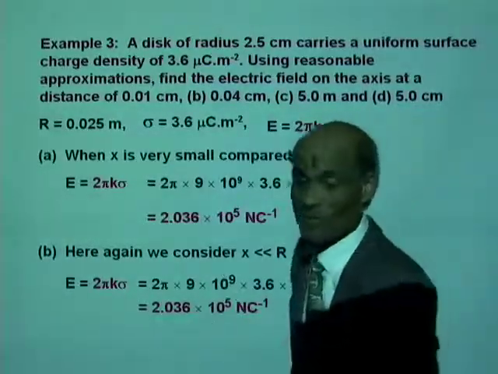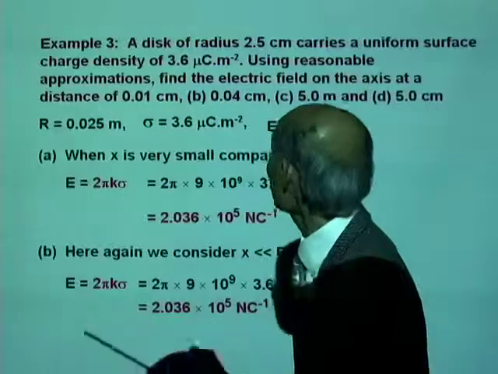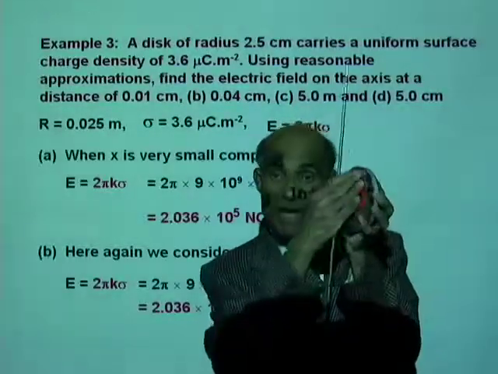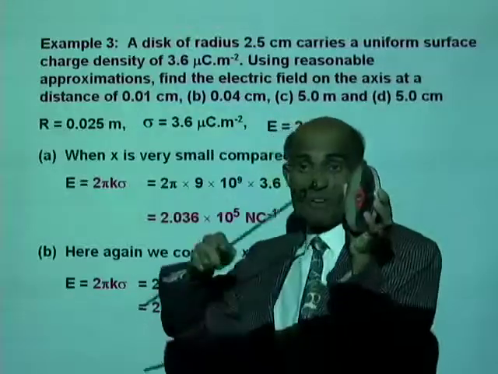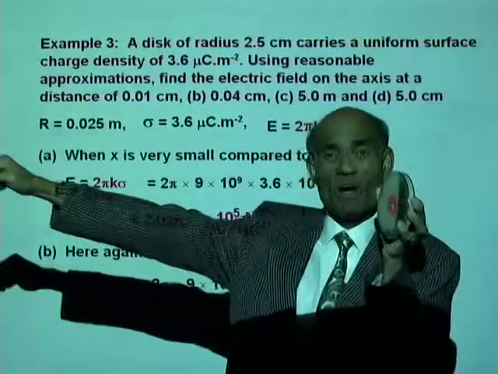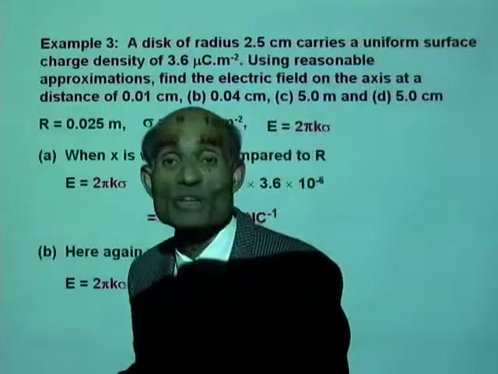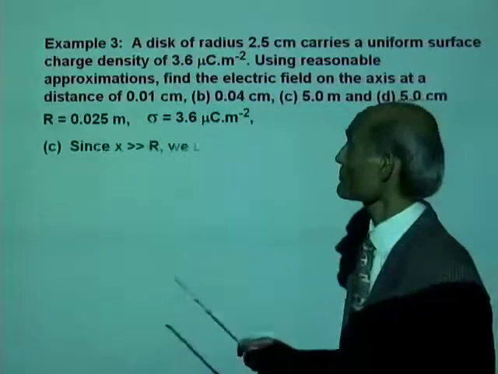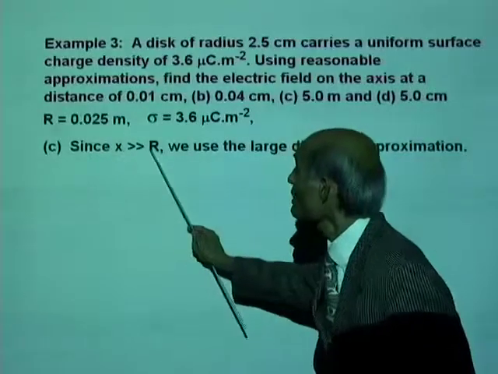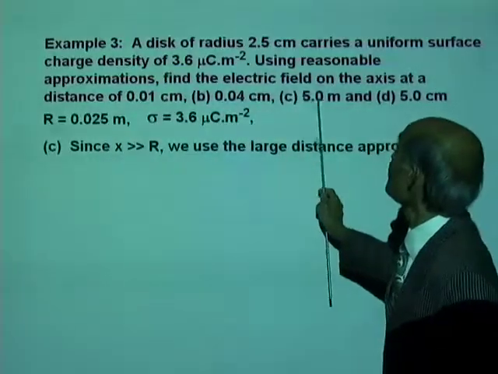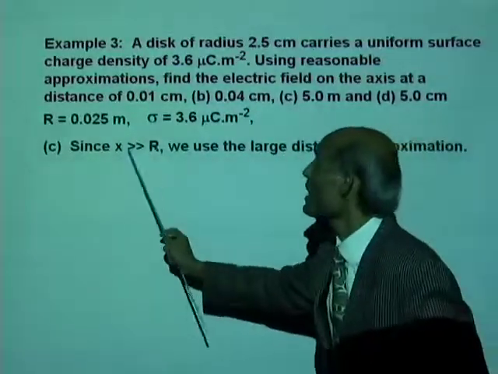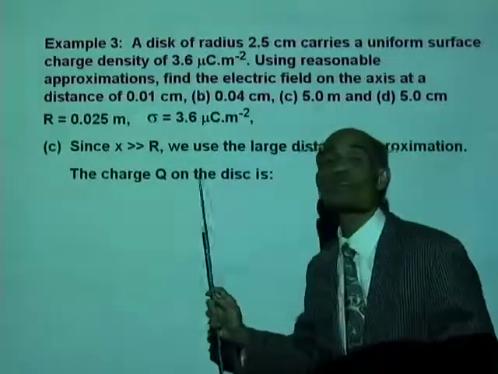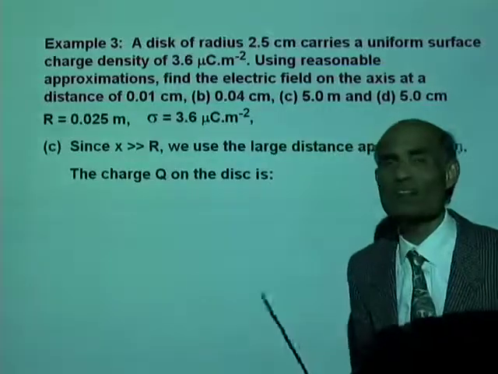You see, the disk is very small, the radius is only 2.5 centimeter. It's smaller than the disk I'm holding. So 5 meter is very far. We will use the point charge approximation there. Since x is very, very large, that is 5 meter is very large compared to the radius, it is the point charge approximation.